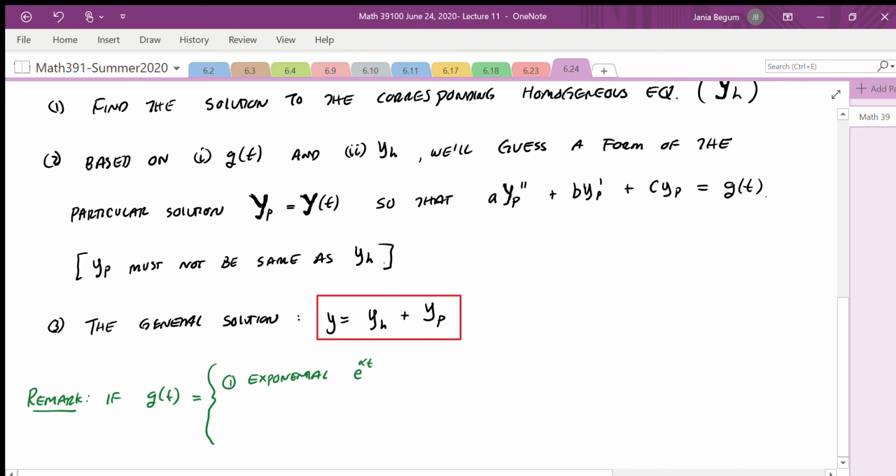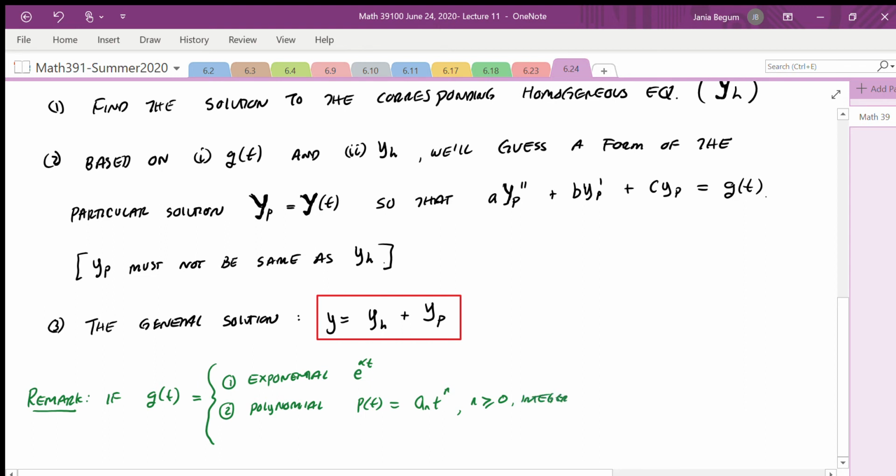If you have an exponential, you can use this method. Second, if it's a polynomial, you can use this method. Polynomial, I hope you remember the form: P of t is some a_n t to the n, where n is greater than or equal to 0 and an integer.